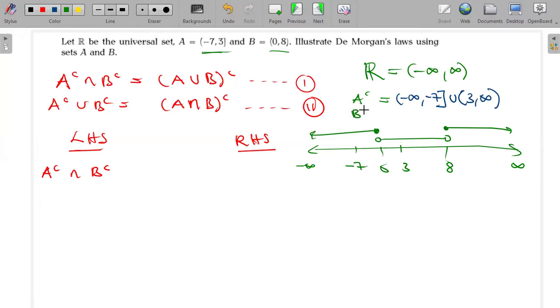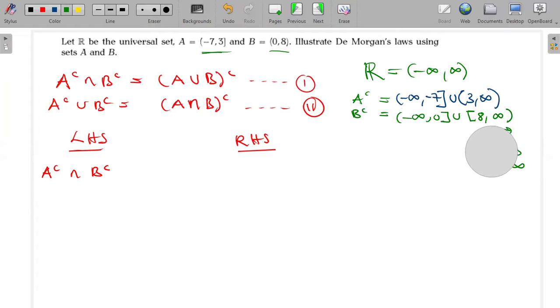So my B complement is equal to negative infinity to 0, closed at 0, union closed at 8, and then all the way to infinity. So those two sets are my A complement and B complement.